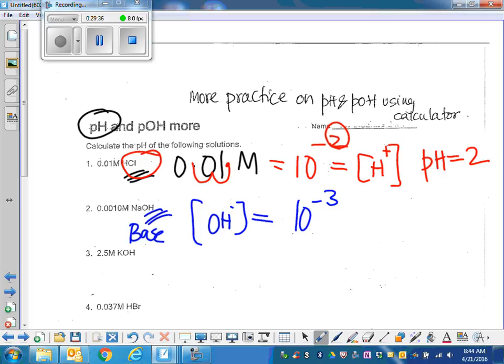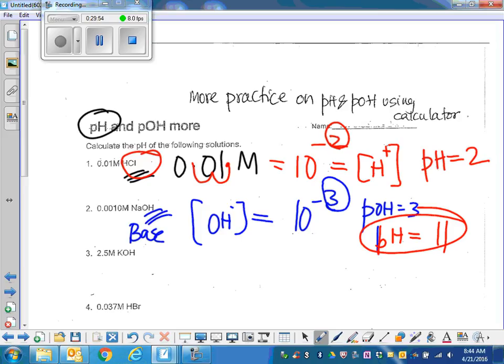Therefore, if I know my hydroxyl ion concentration, do I know my pOH or my pH? My pOH is 3. What is my pH then? pH is 11. And the question may ask you to solve for pH. If you don't pay attention to the details of the question, you will get it wrong.